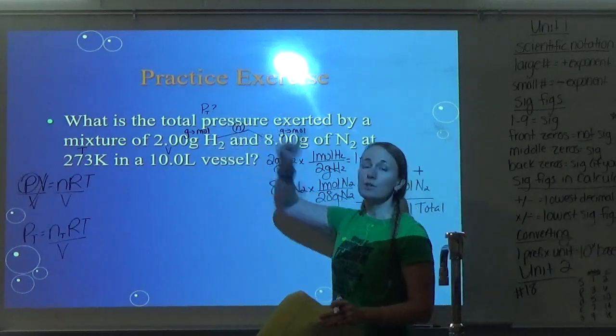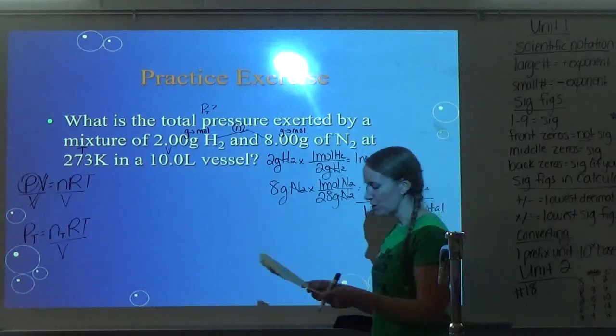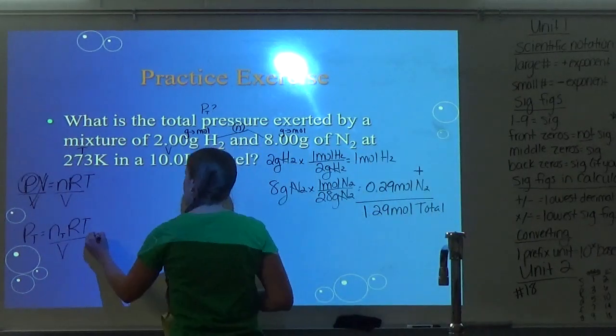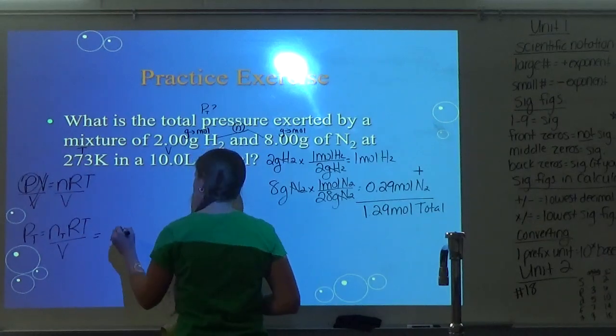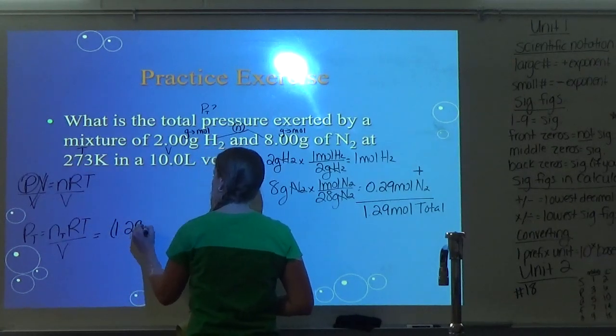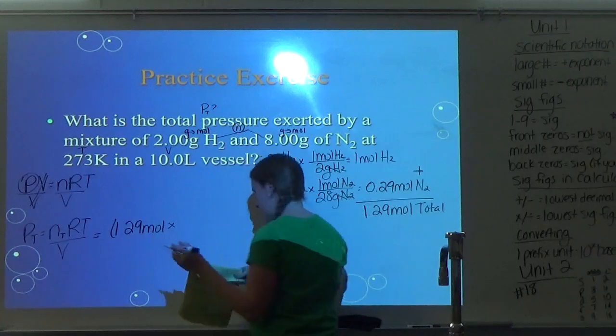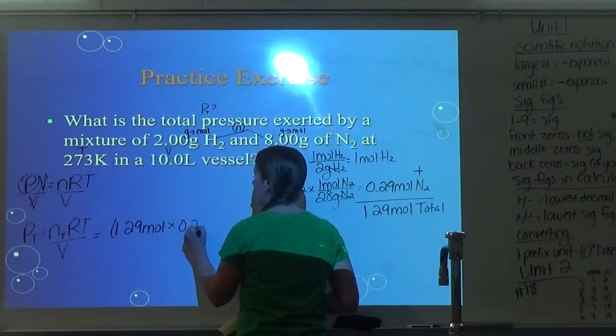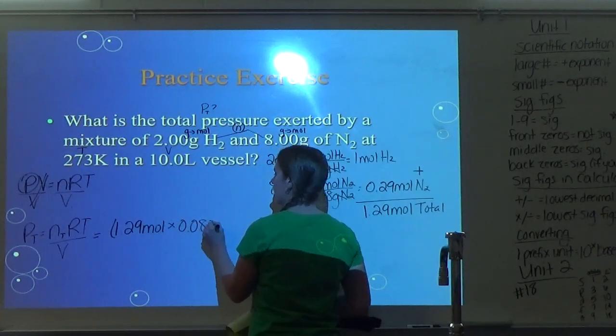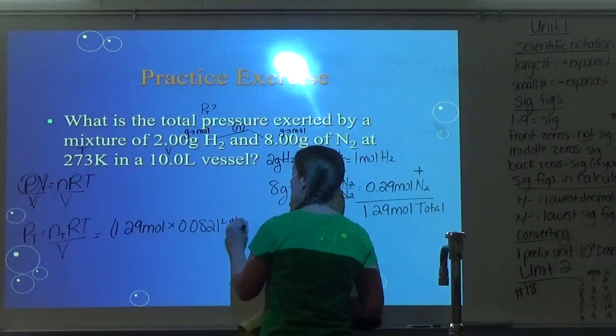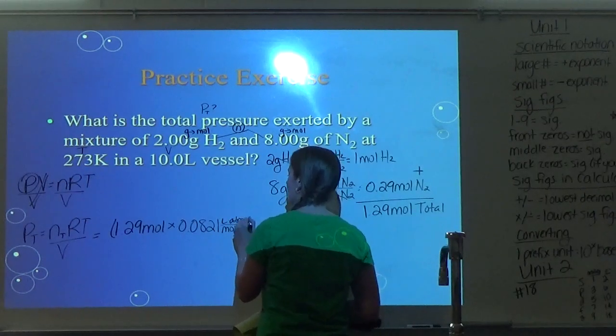And you only have to do this once because you were only asked for total pressure. All right, so then I just plug in. So my N is 1.29 moles. My R is 0.0821, which is fine. Again, it doesn't matter which one you do.